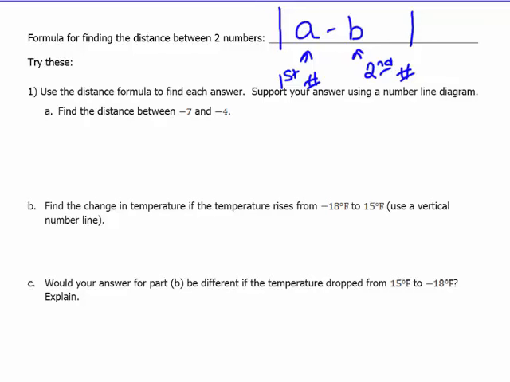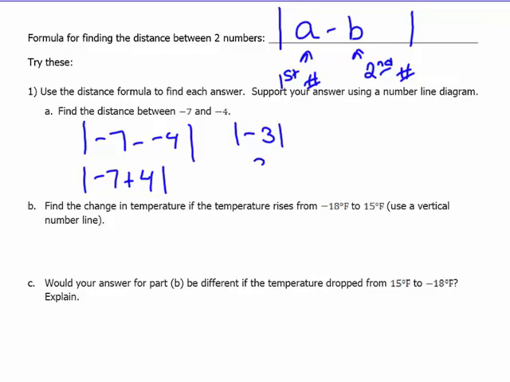So find the distance between -7 and -4. So absolute value, -7 minus -4. Well, I have to do this first. So negative 7 plus 4, well, negative 7 plus 4 is negative 3.